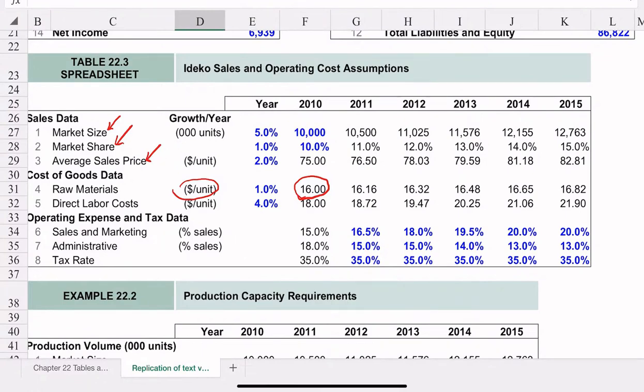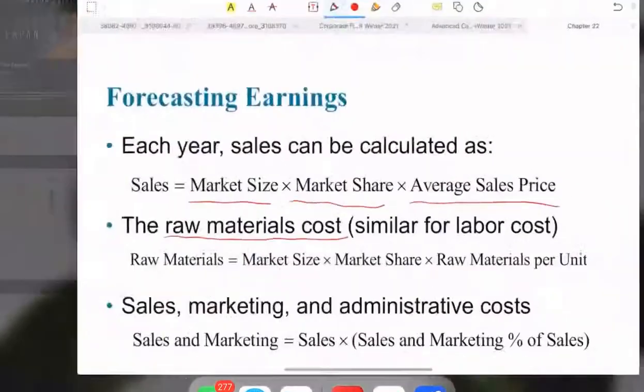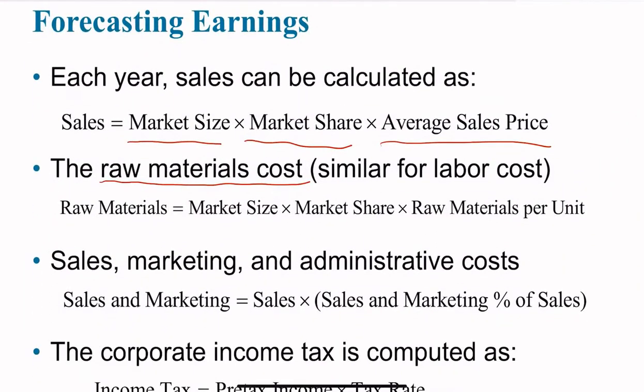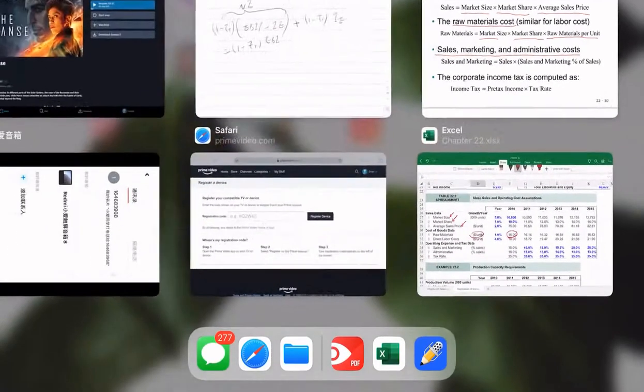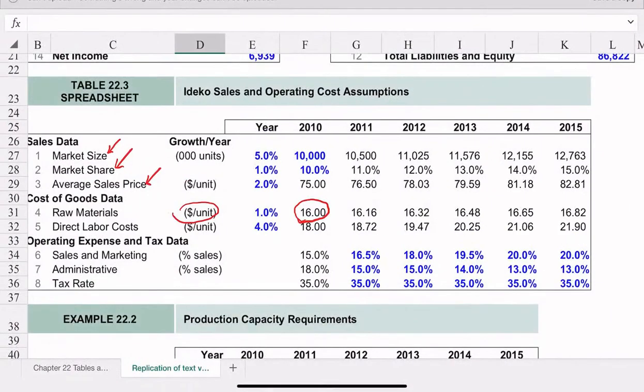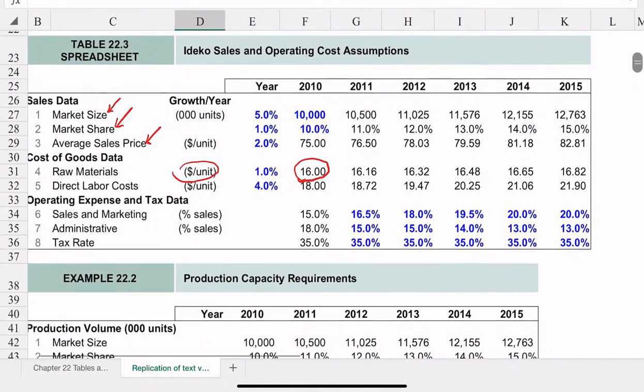This gives you the number of units. So here you can see that raw material costs equals the material costs per unit times market size times market share. And then you have to think about sales, marketing, and administrative cost. If you look at the table here, you will see that it is based on the percentage of sales.